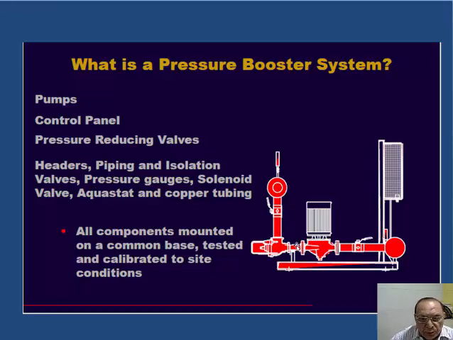Headers, those are actually suction headers and the discharge headers, and other things like valves, pressure gauges, solenoid valves, etc. All components mounted on a common base are tested and calibrated to site condition in the factory when these are delivered on site.